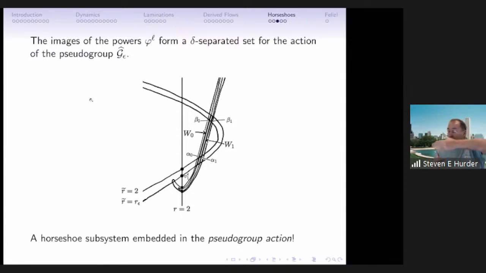And so in there is going to be a periodic point with positive and negative exponents bigger and less than 1. So all of a sudden with this picture, you see horseshoes generated.